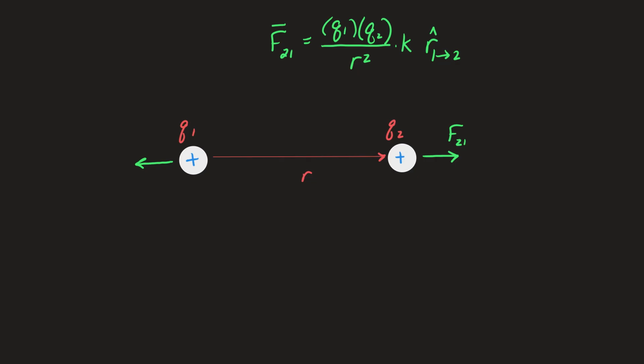Now, think about this in a better sense. If charge 1 were negative, what would that do to the direction of the green arrow? Switch it. Wouldn't it switch it? Well, that would also make this portion negative, right? Which would say it's in the opposite direction from charge 1 to charge 2, which is what we want.